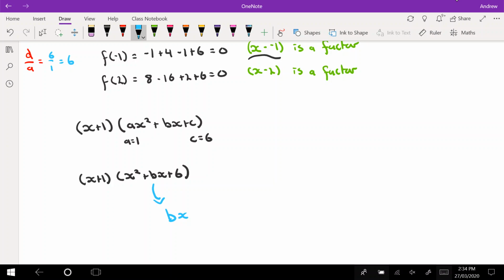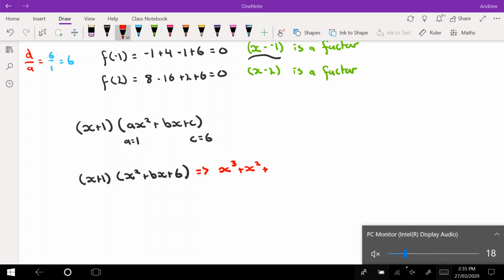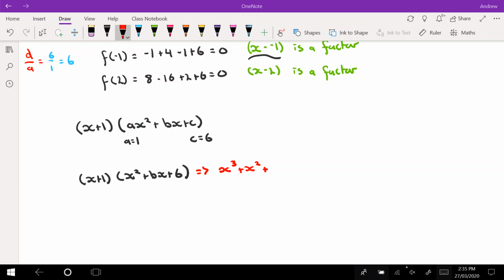Yes, no, maybe? We'll do it the long way. Got the time. So if I expanded that out, it's going to get me x cubed plus x squared plus bx squared plus bx plus 6x plus 6.